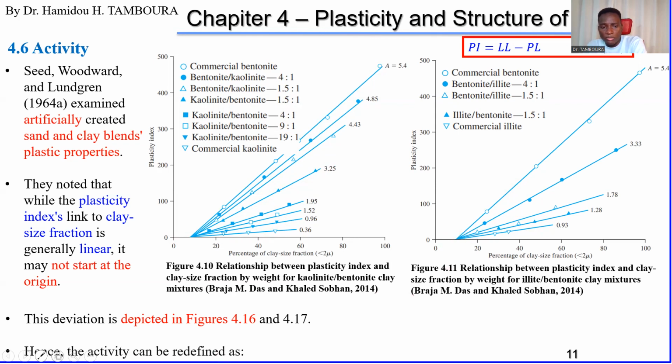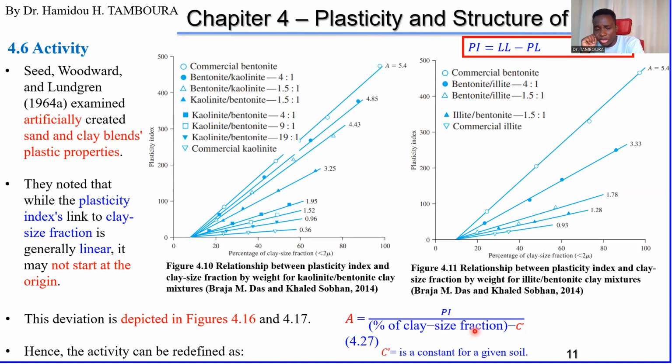So according to this, they decided that okay, the formula is good, but we have to add something to the same formula of activity. And this is the thing they added: C prime, a constant for a given soil. It means that we need to subtract something from the percentage of clay size fraction in the denominator of this fraction.